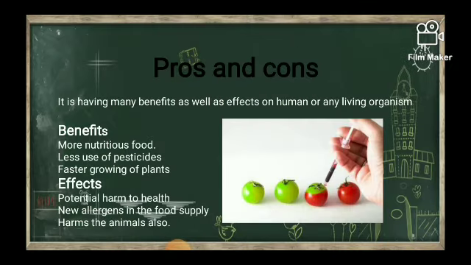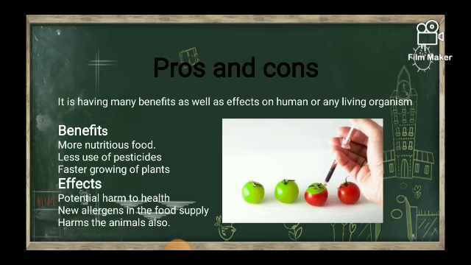Let's move on. Every single thing in the whole world has its benefits as well as its side effects or disadvantages. Here we call them pros and cons. It has many benefits as well as effects on humans or any living organism. The benefits of genetic engineering are that we will get more nutritious food, there will be less use of pesticides in agriculture, and plants will grow faster. We'll get more and more of the agricultural crops which we want.